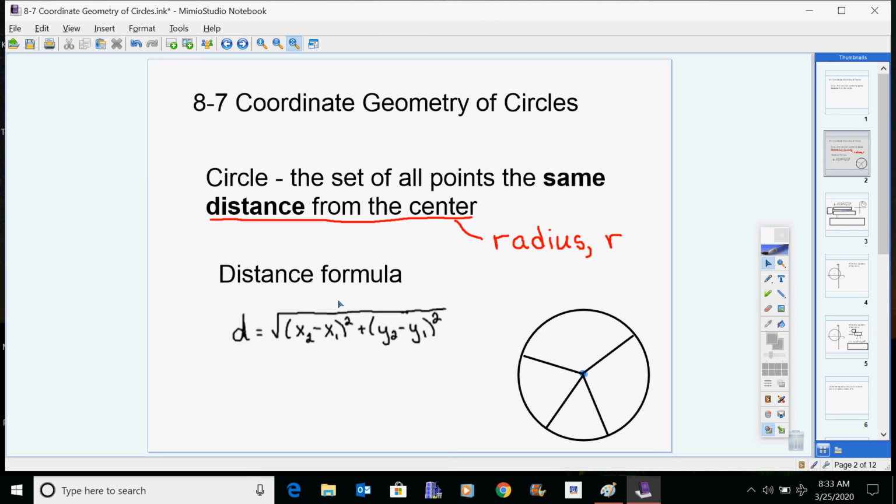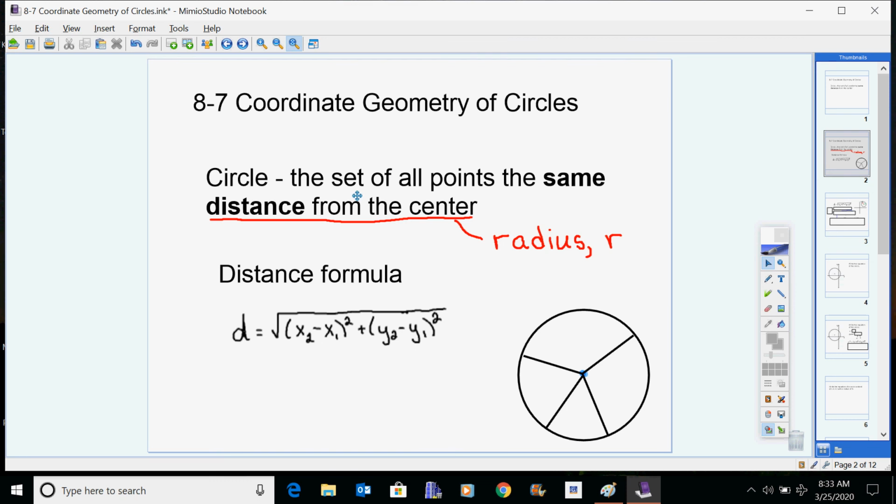Hopefully what you can see in here is a squared plus b squared equals c squared, if you look at it in a certain way, so it really does come directly from the Pythagorean theorem. But what we want to do is think about how that relates to a circle.